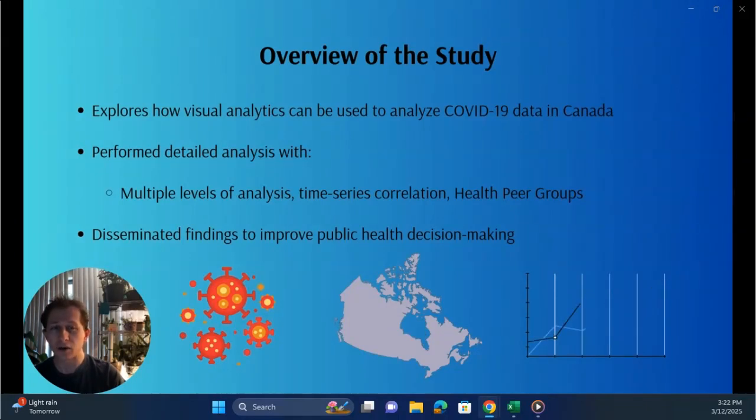For example, rural health regions with a high percentage of indigenous populations tended to experience higher infection rates, whereas urban regions with better healthcare infrastructure often had lower case fatality rates. This approach helps policymakers understand which regions may require additional resources or targeted public health interventions.